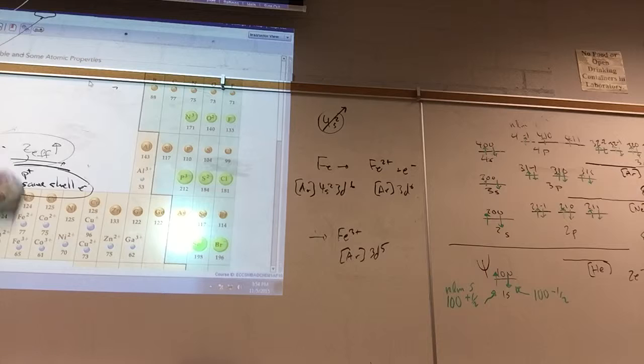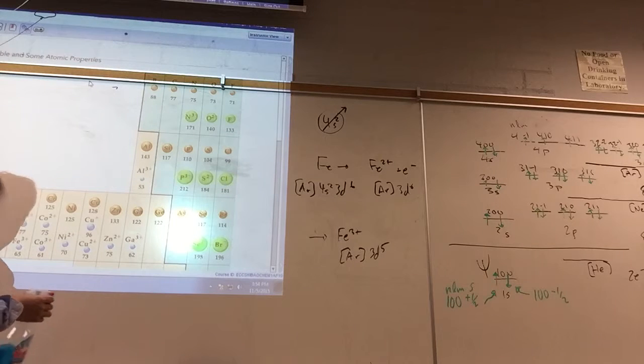Let me erase this here. But when you look at the size here, it gets smaller, right? Bigger, smaller. Add a proton, add a same shell electron. Same shell electron doesn't shield much. Extra proton means Z goes up.